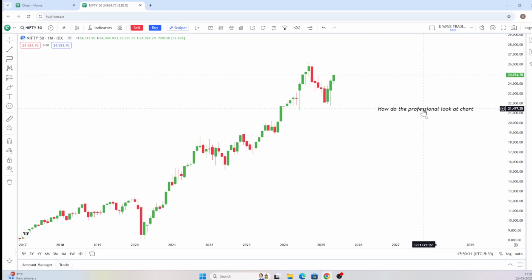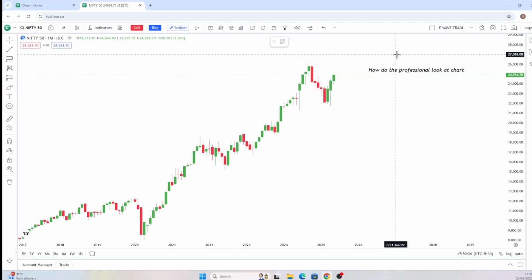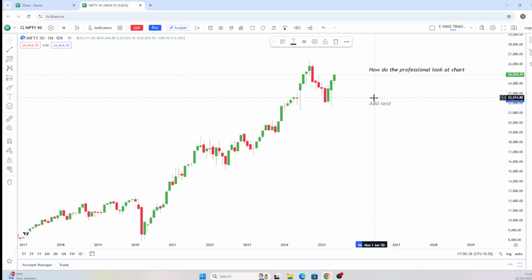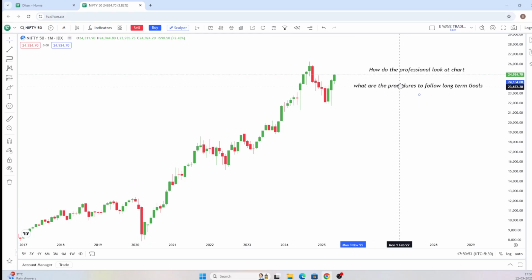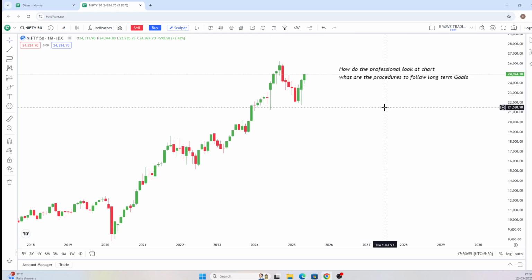How do they look? And the second thing is, what are the procedures to follow for long term goals? What do we have to do for long term goals?